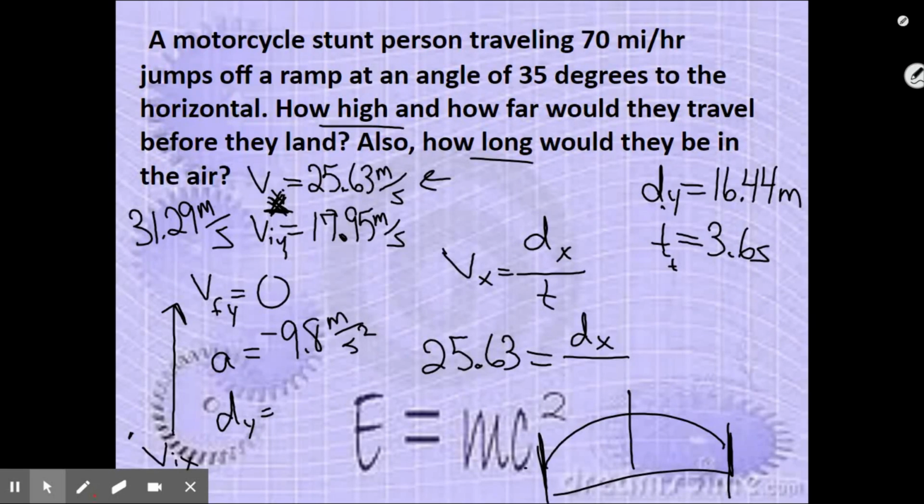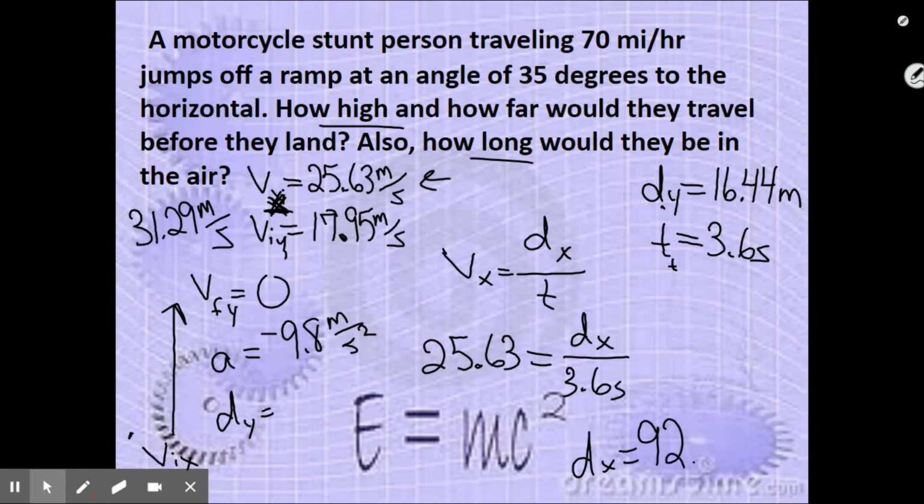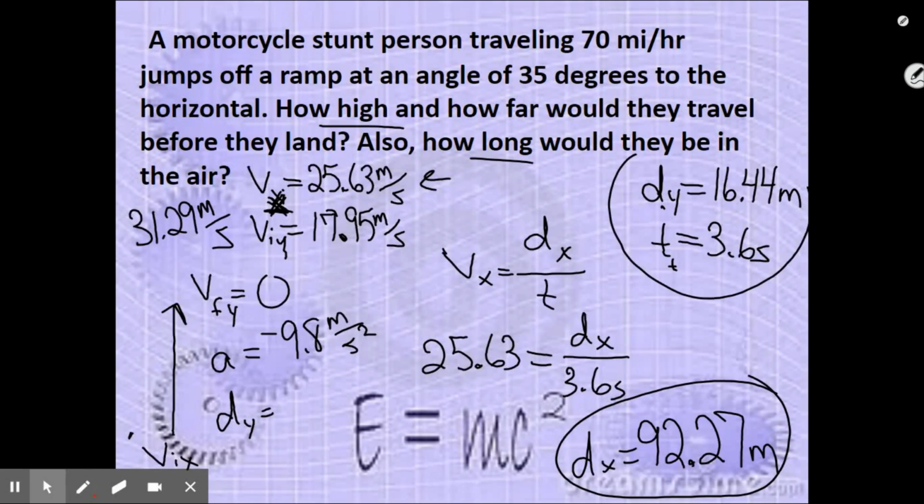So 3.6 seconds is what we're going to use. So 25.63 times 3.6 is going to give me a dx of 92.27 meters. So there's one answer. And there are other two answers for this one problem. Let's look at the next one.